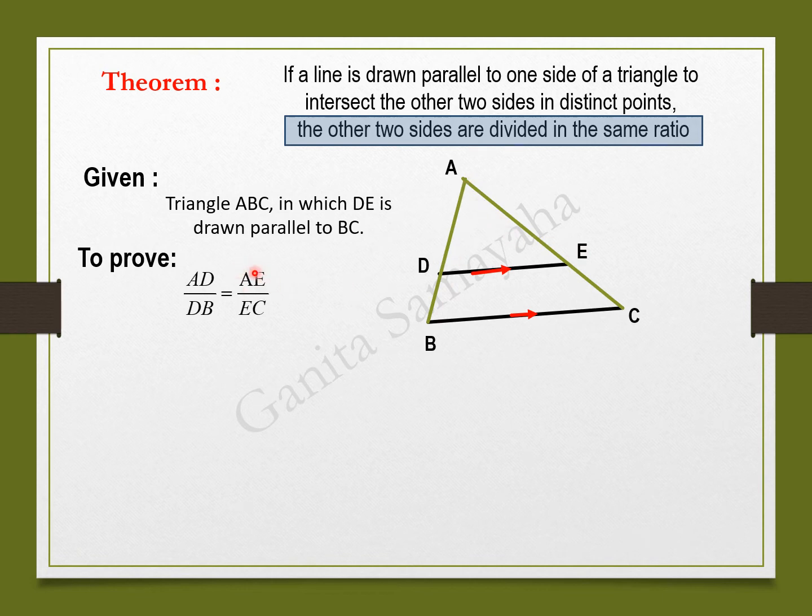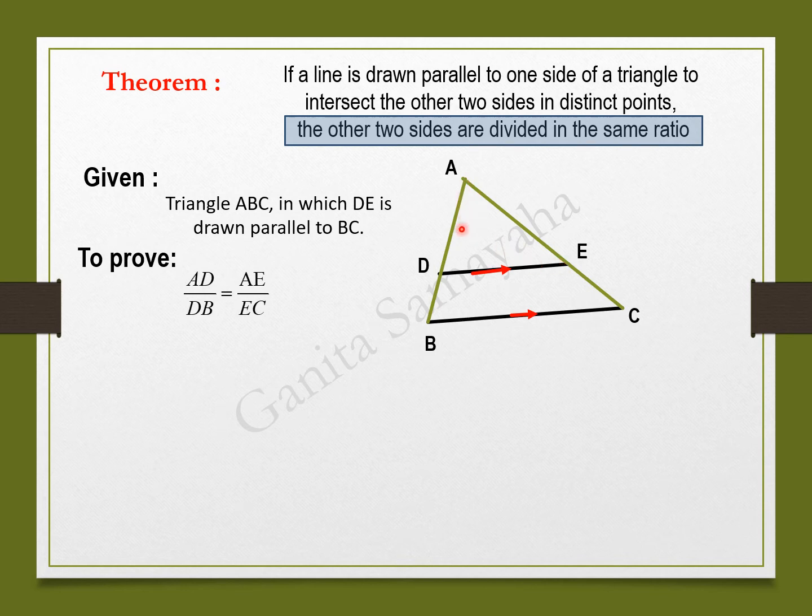Since I want AE as well here, if I want AE as a base, then what should I do? I should draw a perpendicular from D to AE. So that will be the construction. Is it clear, children? So why are we drawing this? We want to get this part AD somehow. For that we are going to draw this perpendicular from the vertex.